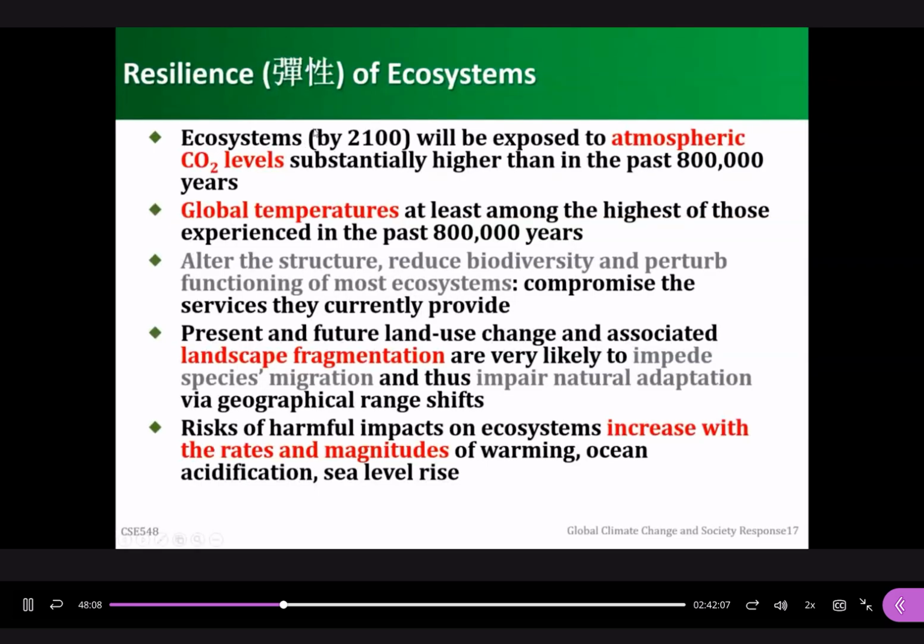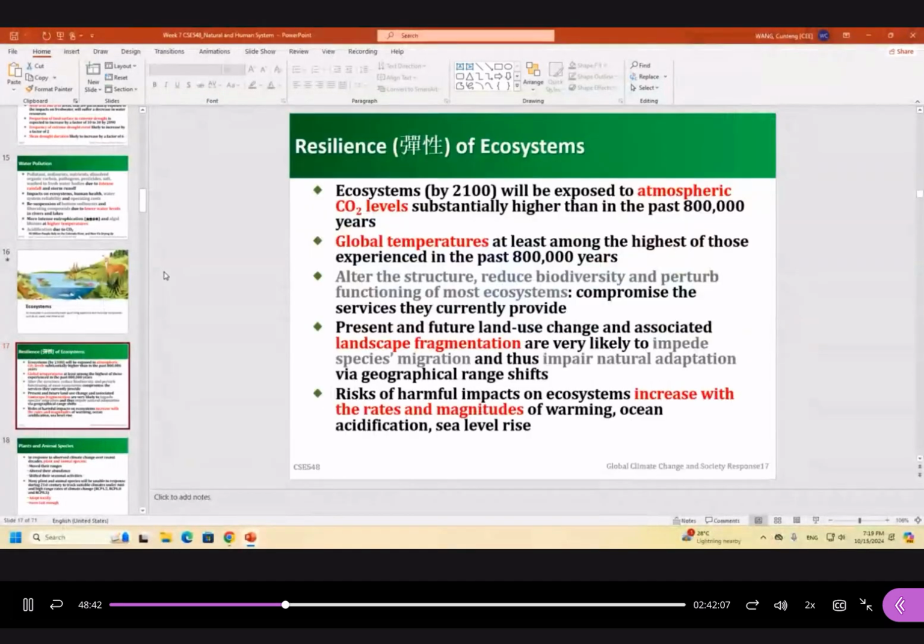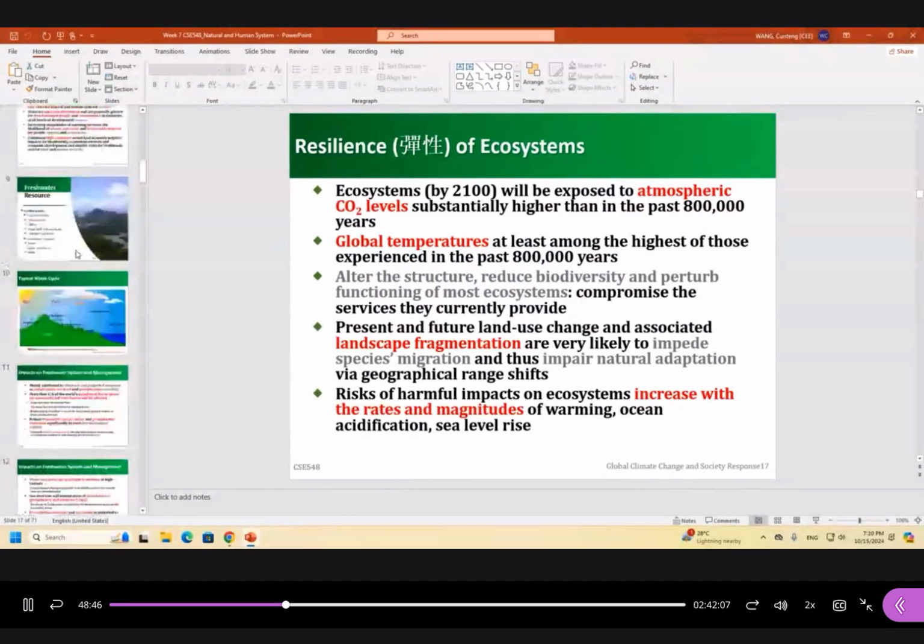You can see here that ecosystems are exposed to the highest CO2 level in the past 800,000 years, and they also experienced the highest global temperatures in the past 800,000 years. The temperature increase is indeed happening. I think in the first part we already talked about some of the reasons.